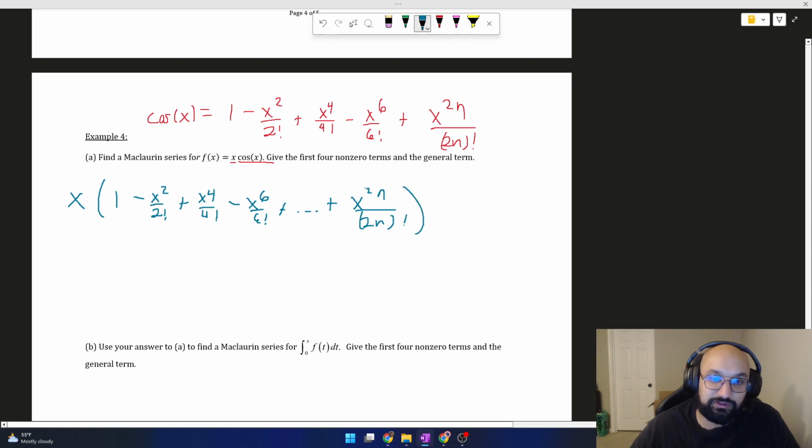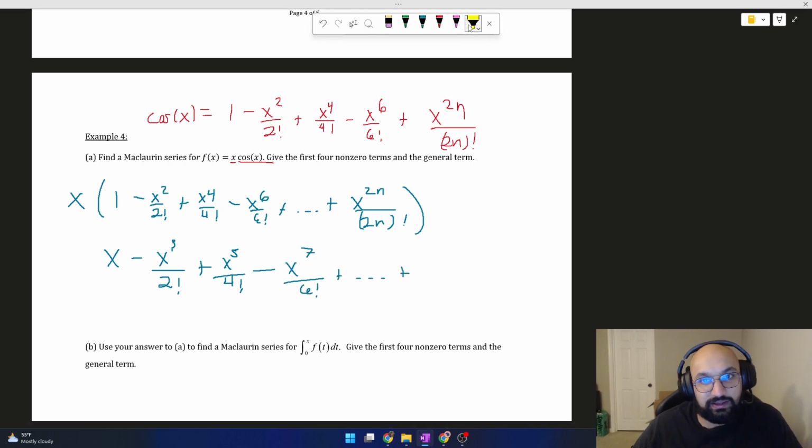Let's go ahead and distribute that x to everybody, and I think life will work out just fine. It makes for quite an easy simplification. We just get x minus x cubed over 2 factorial plus x to the 5 over 4 factorial minus x to the 7 over 6 factorial plus dot dot dot.